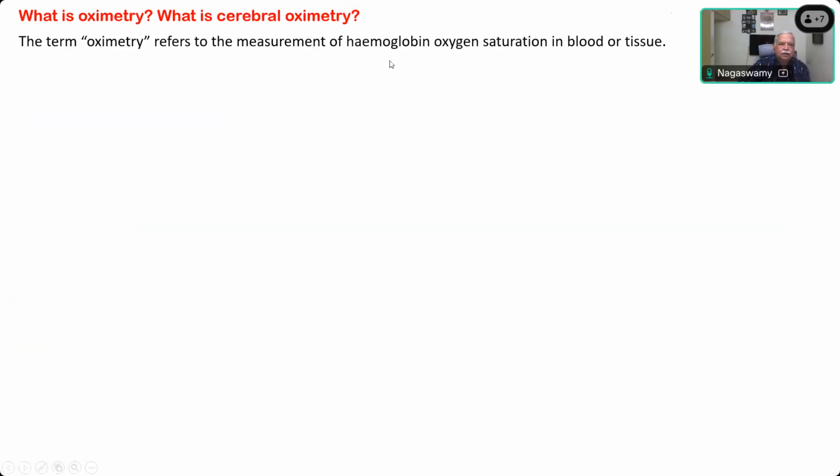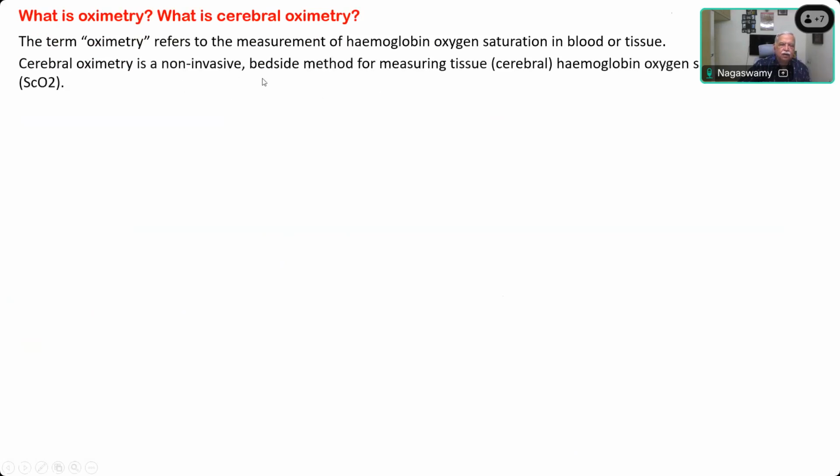Oximetry refers to the measurement of hemoglobin oxygen saturation in blood or tissue. Okay, you can say pulse oximetry. So any oximetry is just a measurement of hemoglobin oxygen saturation, whereas cerebral oximetry is the non-invasive bedside method for measuring tissue, that is cerebral, hemoglobin oxygen saturation, written as rSO2.